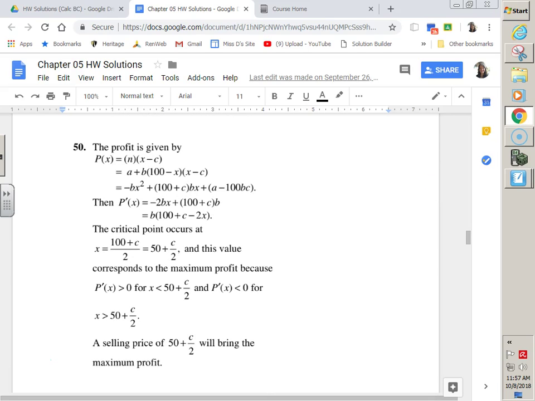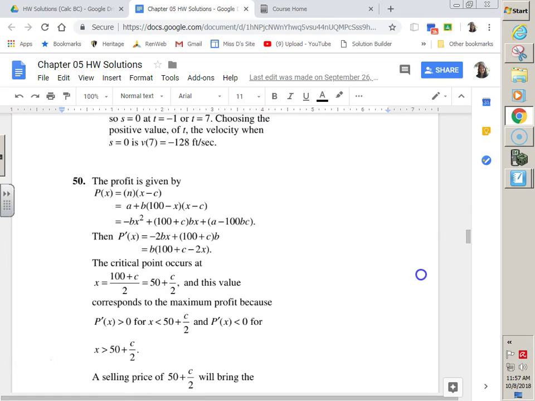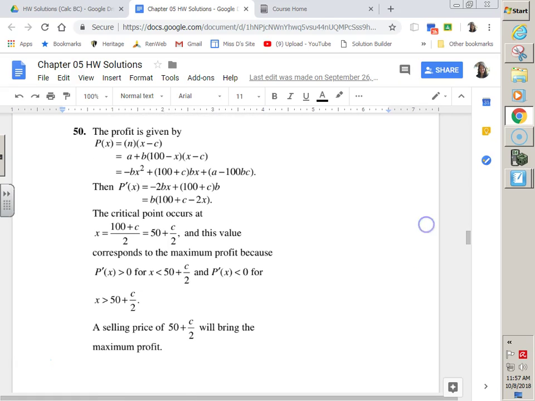Profit. Did they give you the function? I feel like you had to make it yourself. You might want to write down the function if you didn't get that one. The critical point ended up being at 50 plus c over 2, or 100 plus c over 2.